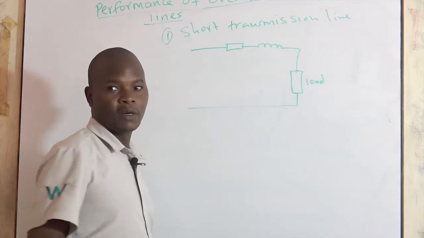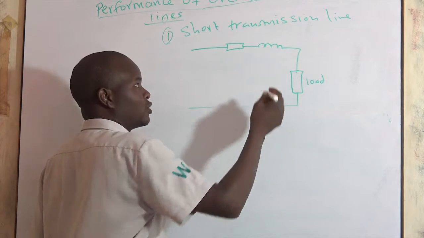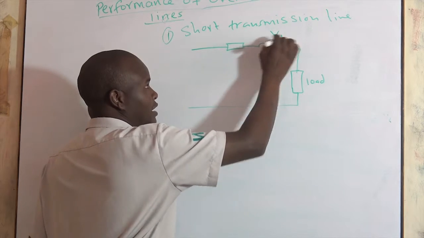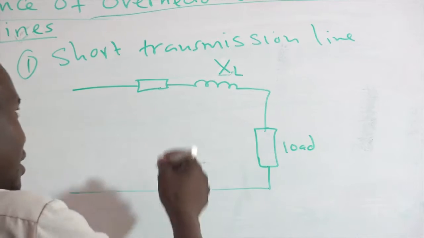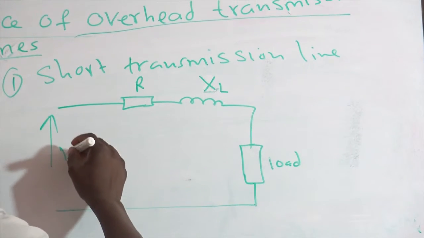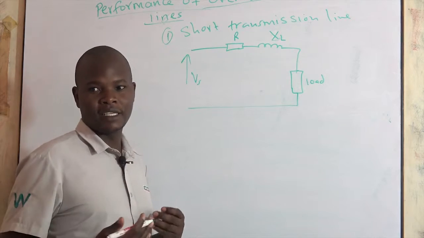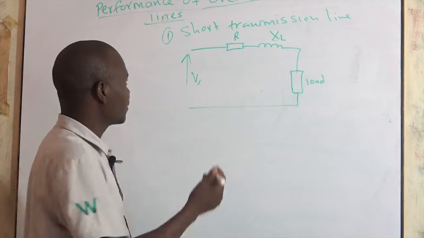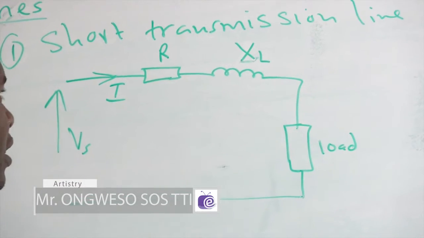This is the load, which may be your radio, a TV, or an industry. We have the inductance here, which we normally represent with X, and XL is the inductive reactance. This is R. Here we have Vs, the voltage from the generating station or the substation. This is the current I, and it's common.